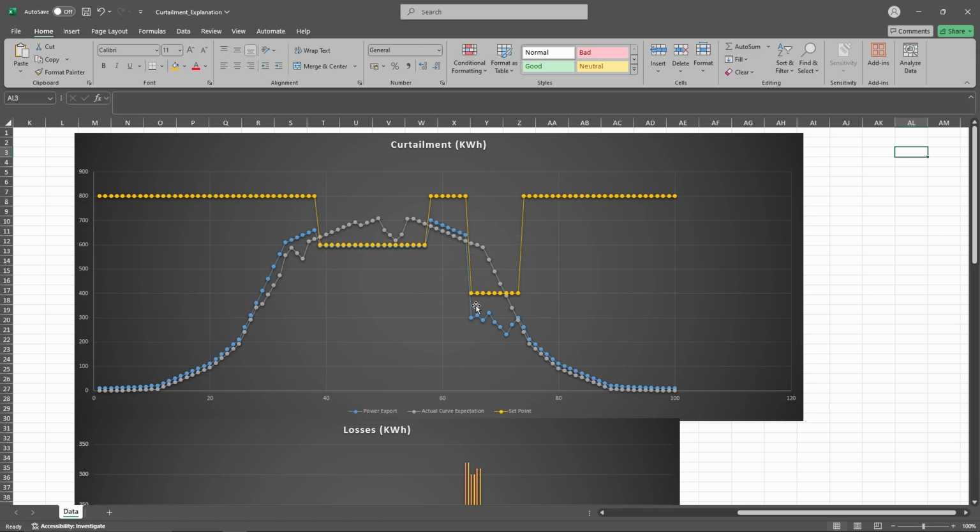On the other hand, we have this active set point, and we can see that the power export is nowhere near the active set point, although we have a curve expectation which is higher than my actual power export.